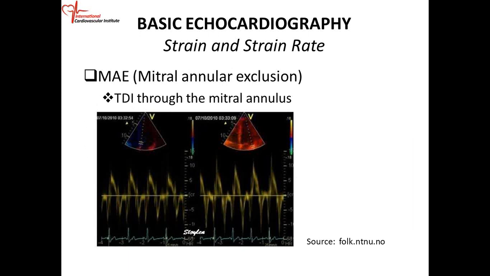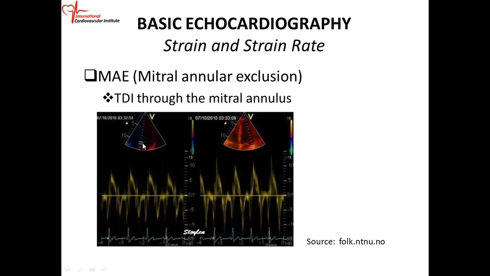Again, as we have pointed out before, speckle tracking echo is much more accurate. So almost no vendors at the current time are using tissue Doppler to look at deformation measurements.